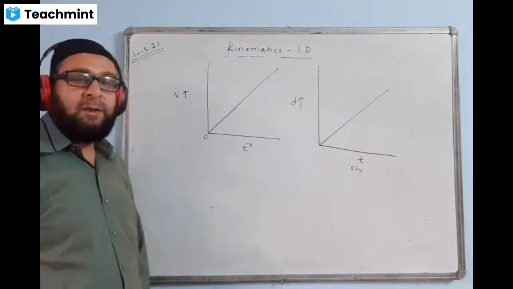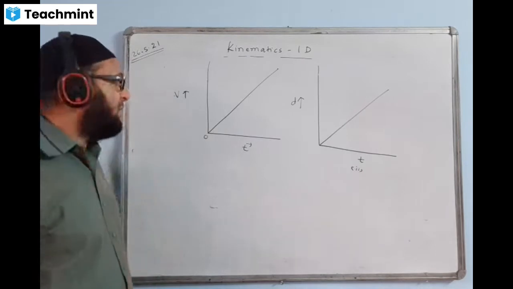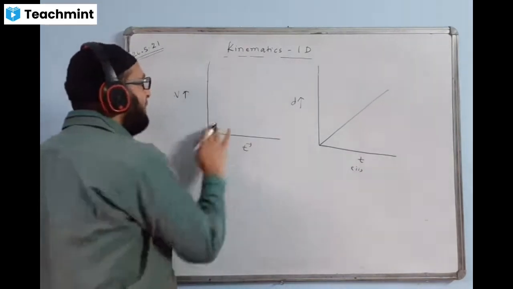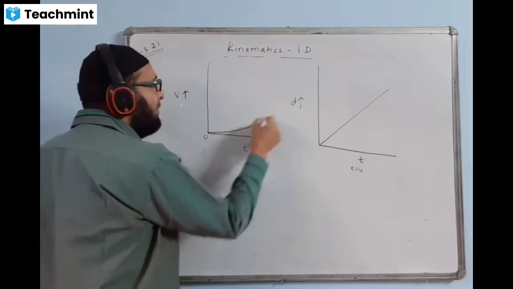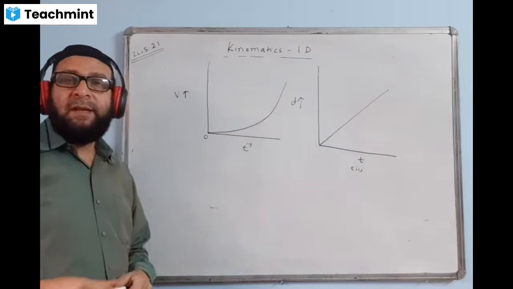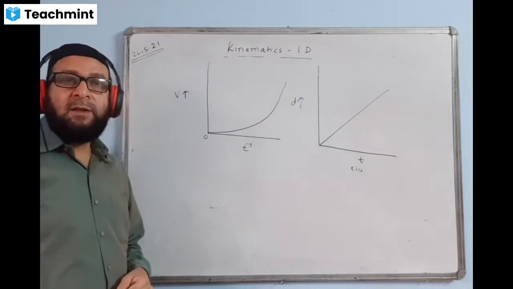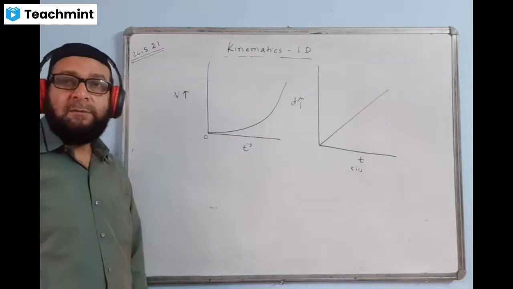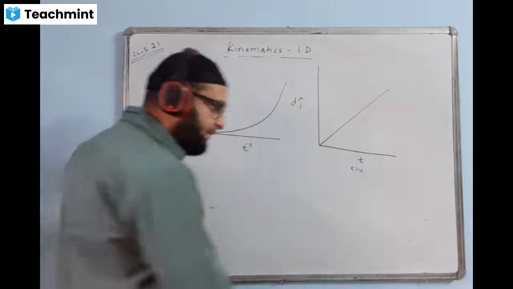Retardation or uniform deceleration means negative acceleration. I think you know that. And now if the graph is like this, we are not going into so much detail, just a little bit of idea. If the graph is like this, then we say the body is moving with a variable acceleration. The same graph which comes like this, we say variable retardation. Okay.